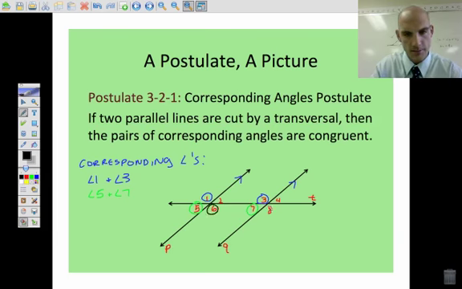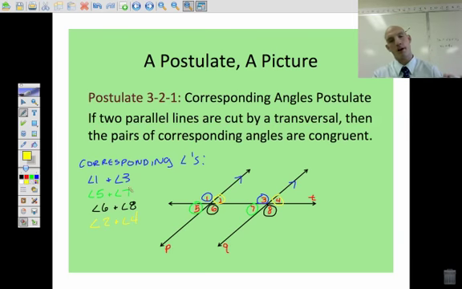We've got 6 and 8. And we also have angle 2 and angle 4. So those are the four pairs. So these are going to be our corresponding angles.